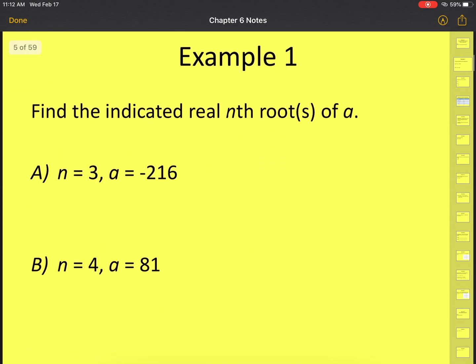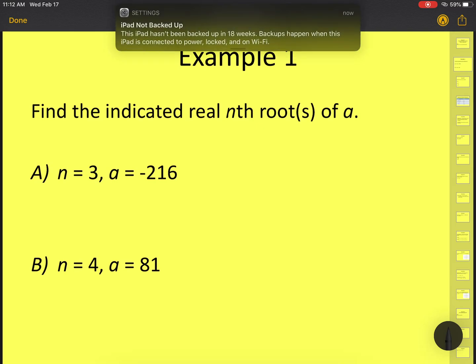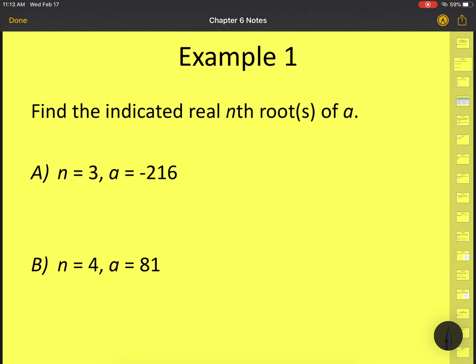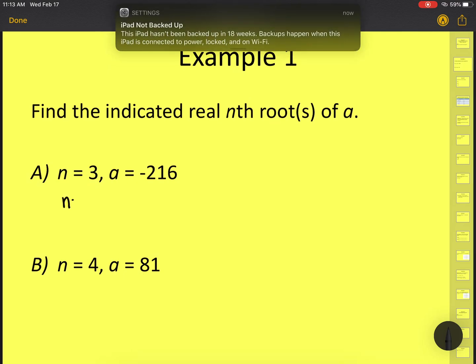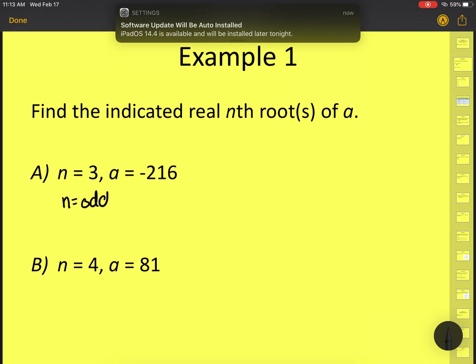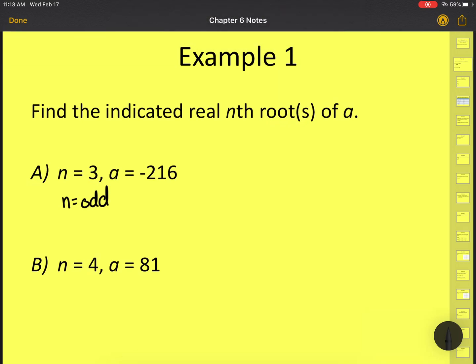So in example 1 here, we're going to find the indicated real nth roots of a. In this case, n is 3 and a is negative 216. My n is odd, and my a is less than 0.